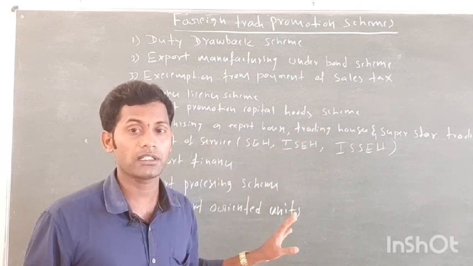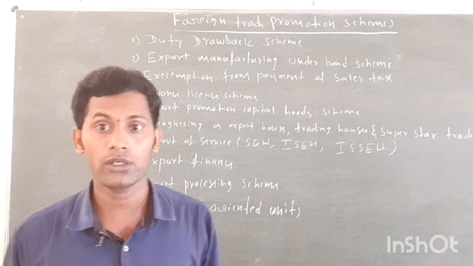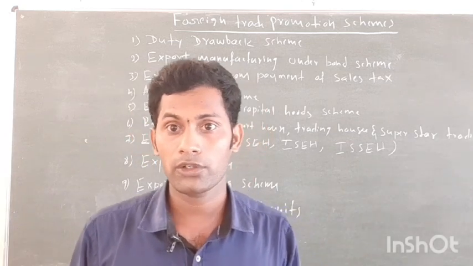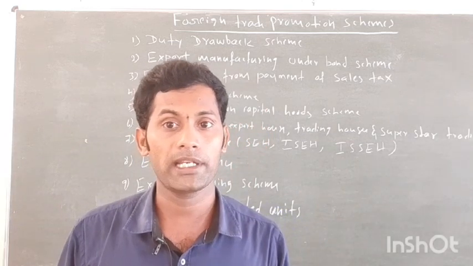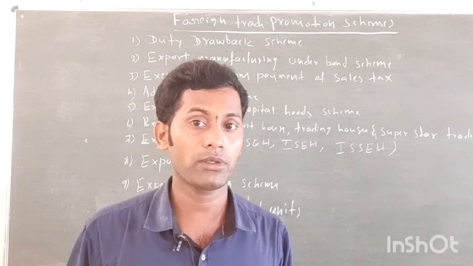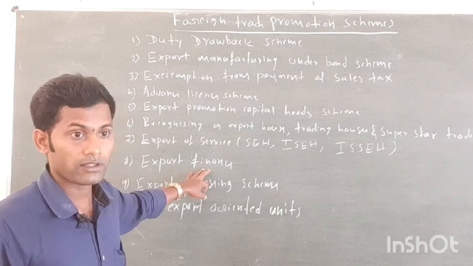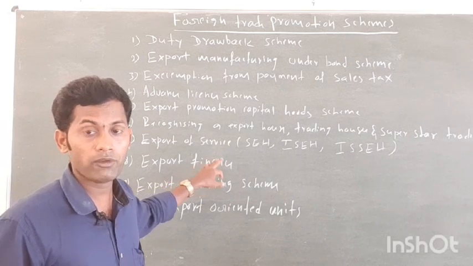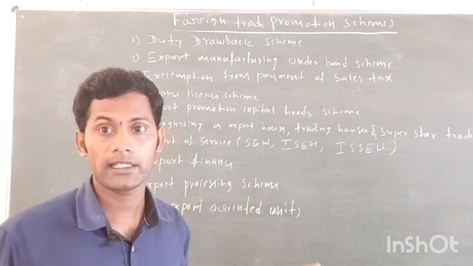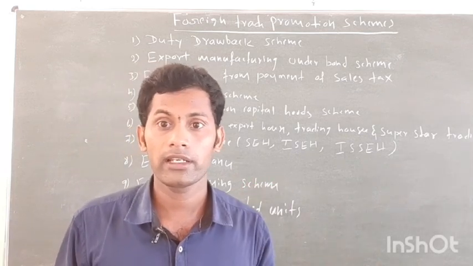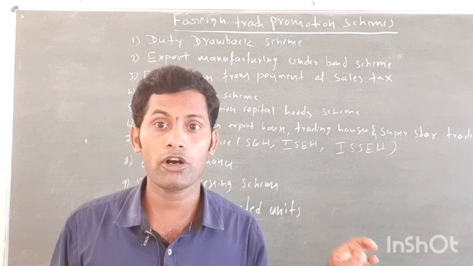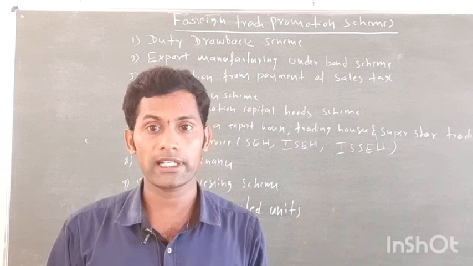By using this, we can export our technology or some other services to balance our balance of payment. Okay. Now, export finance. Those companies which are involved in export activity are given loans under concession or at a low rate of interest.